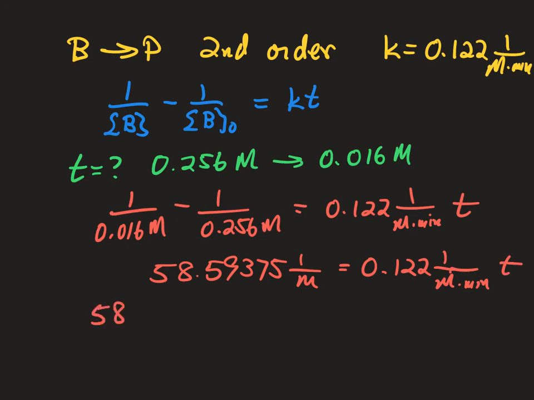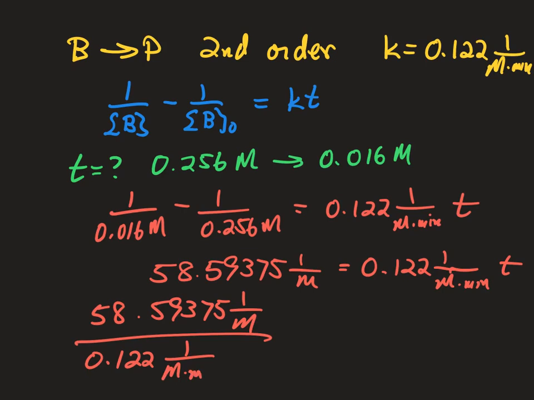So 58.59375 per molar divided by 0.122 per molar per minute comes out, to a reasonable number of significant figures, to 480 minutes as our elapsed time. So there are some examples of some problems with the integrated rate equation. You should be able to work through these with me and then go through and work problems on your own before the test on Wednesday.